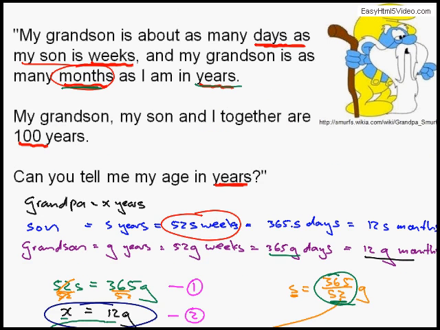But just before we conclude, go back to the original question and look at that word over there. My grandson is about as many days as my son is weeks.